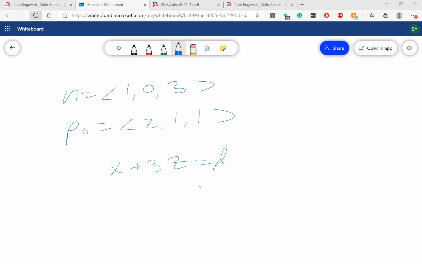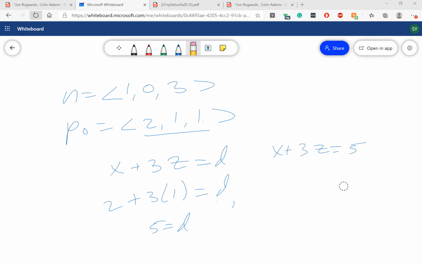And now I want to find the number d. So the way I do that is by taking this point and plugging it in for x and z. So that gives me 2 plus 3 times 1, so plus 1 is equal to d, which over here is going to give me 5 is equal to d. So now my d is equal to 5. So now I know that the plane is going to be the plane x plus 3z is equal to 5.